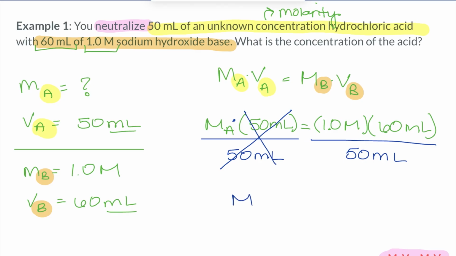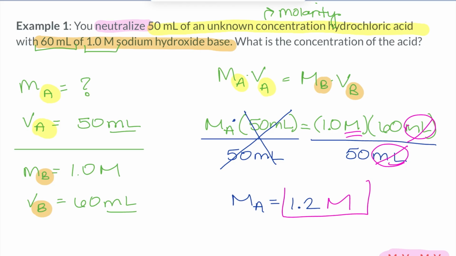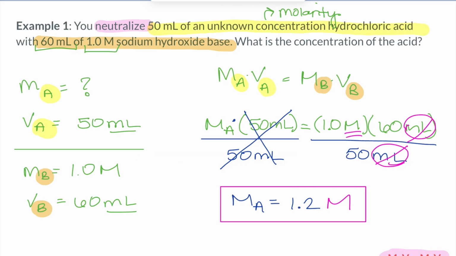The molarity of our acid, we can get by doing 1 times 60 divided by 50, and I get a value of 1.2. Looking at my units, milliliters and milliliters cancel, and so we are left with the unit of molarity, the concentration of our acid.